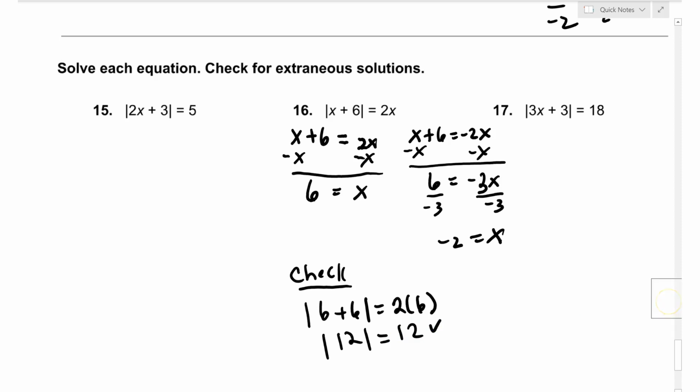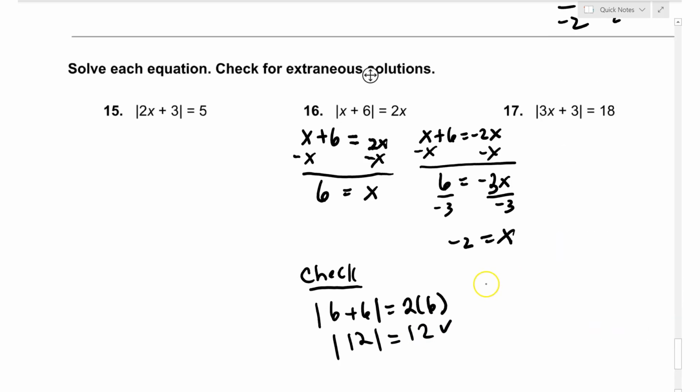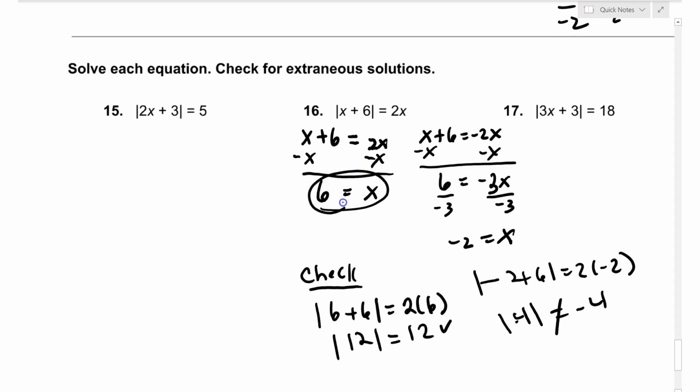We have negative 2 plus 6 equals 2 times negative 2. So we have 4 equals negative 4. That's not true. So the only solution will be x equals 6. I do want to challenge you to do 15 and 17.